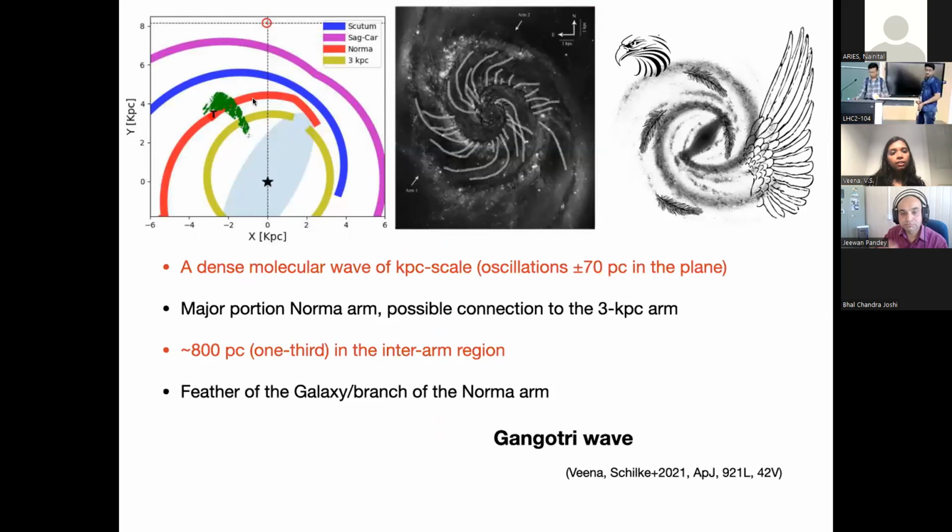But if we see a structure of much smaller size scale, for example, only a few hundred parsec, and if we find it to be closer to the spiral arm, we really don't know whether it belongs to the spiral arm or slightly outside, because there are several models for the spiral arms. You cannot accurately pinpoint the exact location unless it is extremely large. In external galaxies, people can identify even smaller structures which are perpendicular, but in case of the Milky Way, this is practically still difficult.